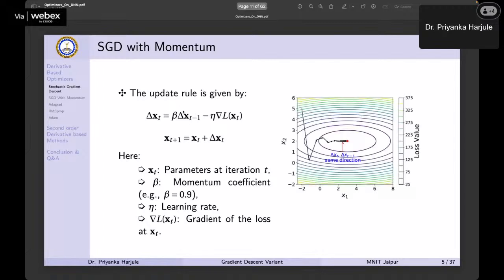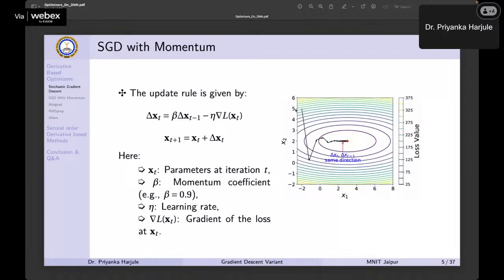This is how the trajectory of the SGD with momentum looks like. This is the actual minimum, the final convergence point, and these show the update direction.